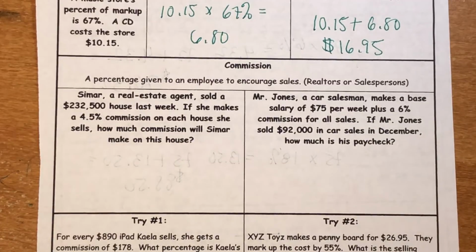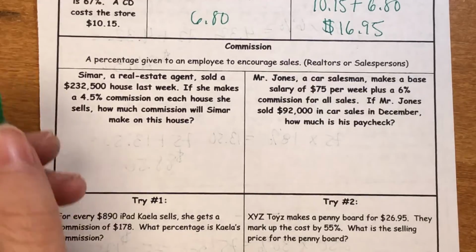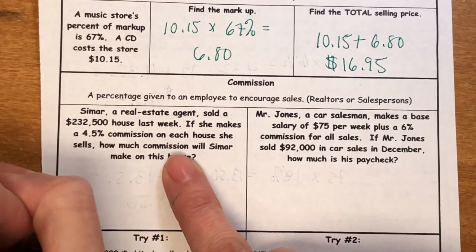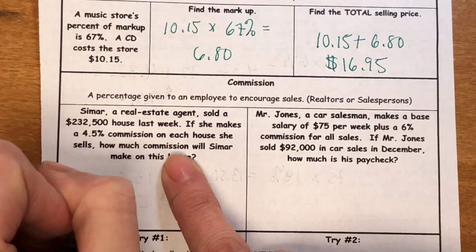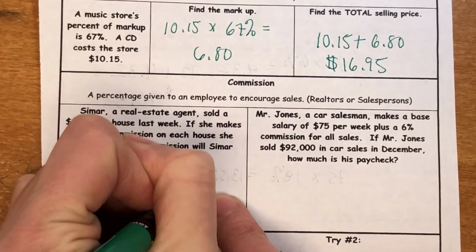So Samara, a real estate agent, sold a $232,500 house last week. If she makes 4.5% commission on each house she sells, how much commission will she make on the house? So again, you're going to take the amount that she sold, $232,500, and multiply that by the percent, 4.5%, okay?